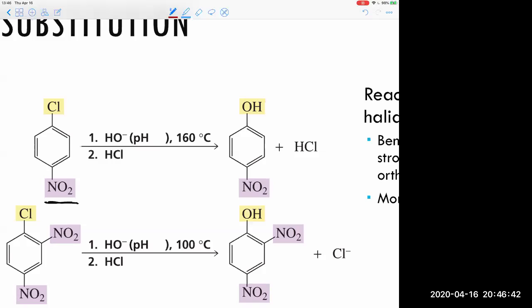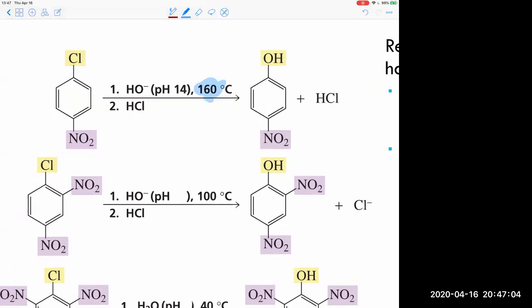So if I wanted to do that on a benzene ring that has one nitro group, I've got to take that all the way to pH 14. Incredibly, incredibly basic conditions and a temperature of 160. Really very hot, right? So these are what we would consider to be extremely harsh conditions.